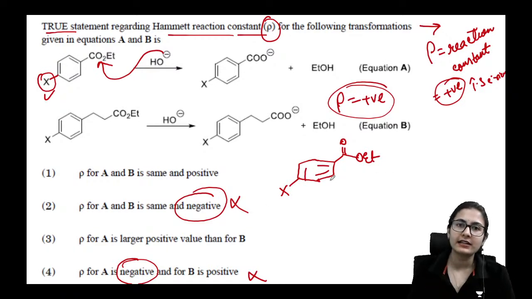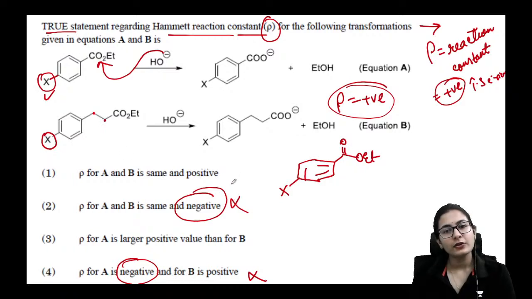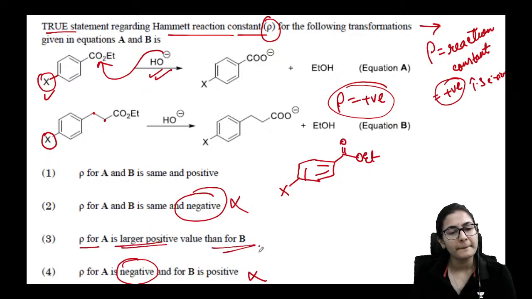When it is directly connected to benzene, the effect of the X group will be felt very poorly if it is just away from the benzene, 2 carbons away, no resonance possible. So even though it is a positive value for both of them, the effect will be felt higher for this, so this is going to be a greater positive value. Rho for A is a larger positive value than for B, so 3 is the correct answer.